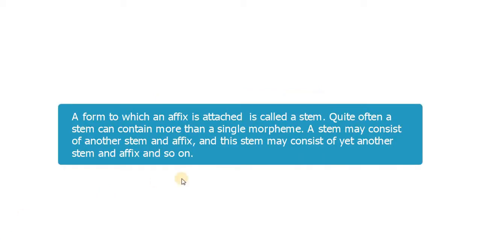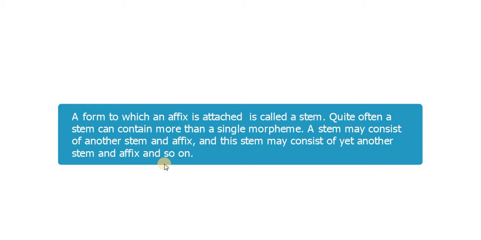Now moving on to the concept of the stem, a form to which an affix is attached is called a stem. Quite often, a stem can contain more than a single morpheme. A stem may consist of another stem and affix, and this stem may consist of yet another stem and affix, and so on. So a form to which an affix is attached is called a stem. So once you attach an affix to a form, to a structure, then it becomes a stem.